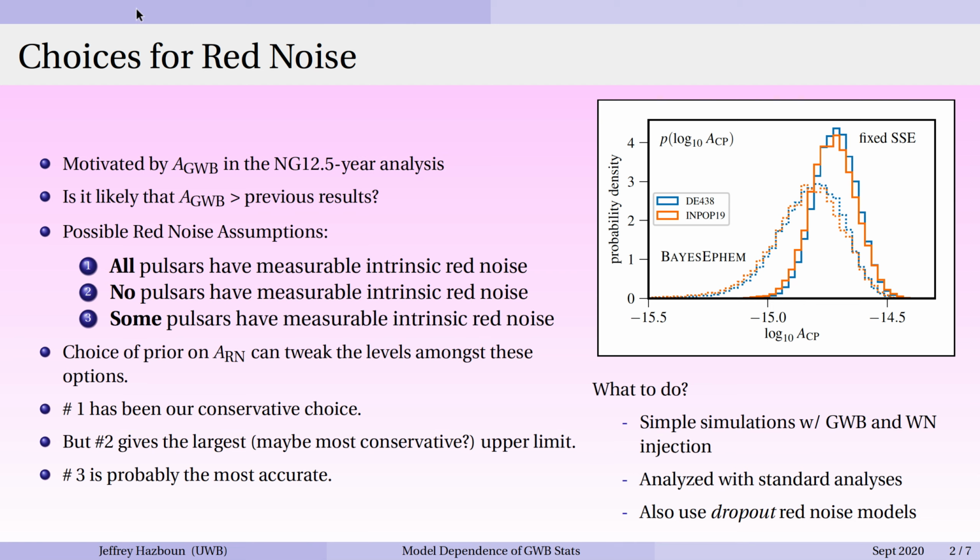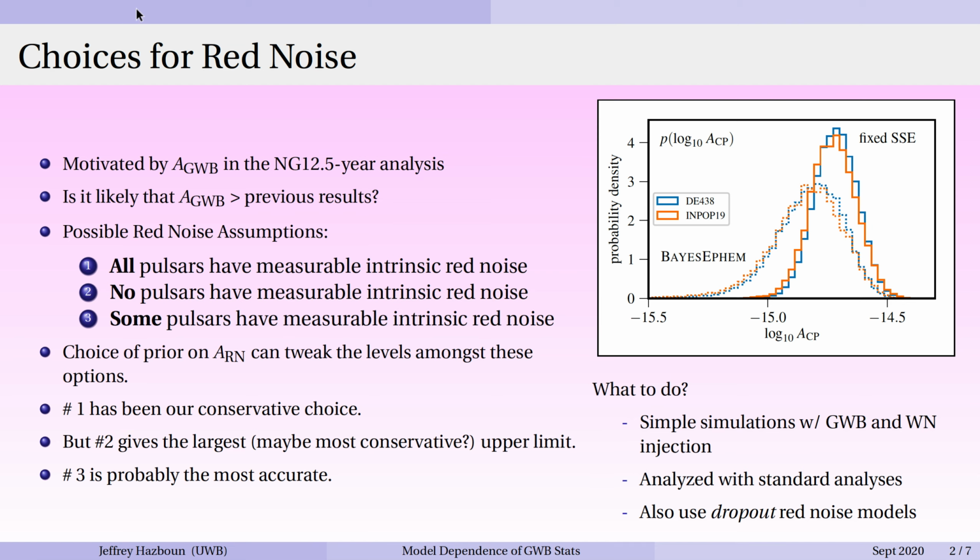So number 1 has been what we think of as our conservative choice. We just assume all the pulsars have some amount of red noise that we can measure. But 2 actually gives the largest upper limit. So in some sense, it's the most conservative. If you assume that any red noise you see is due to the background in an upper limit sense, not a detection sense, then you're saying, well, I can't actually say that this isn't the background, so you're getting the biggest number, so hence the most conservative.